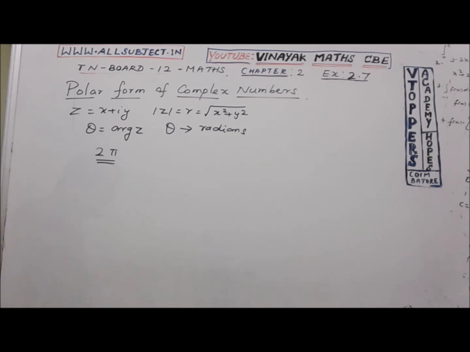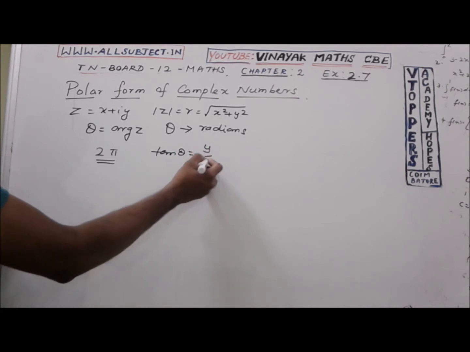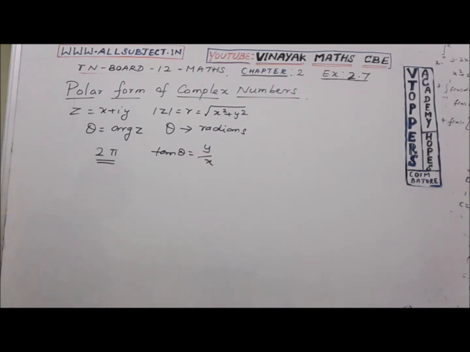Those values can be determined from the equation tan theta equals y by x, where the quadrant containing the point corresponding to z must be specified.